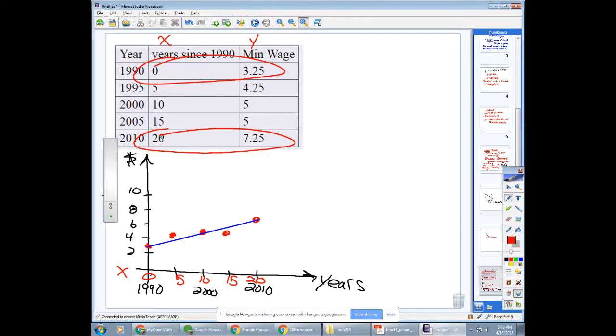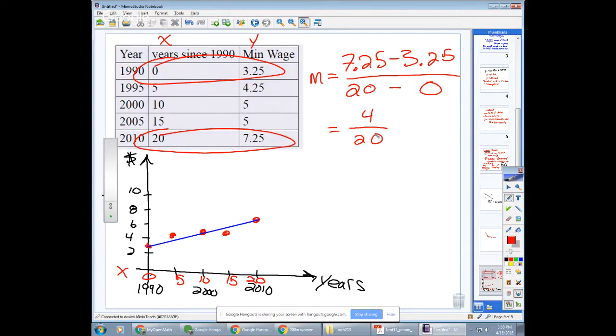So first thing, come up with a slope for this situation. You get the slope of 0.2.